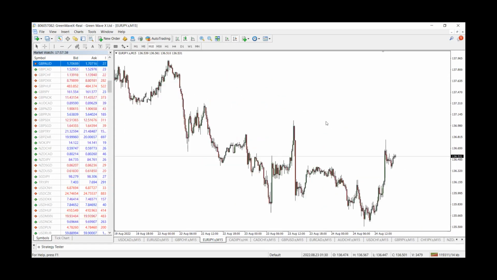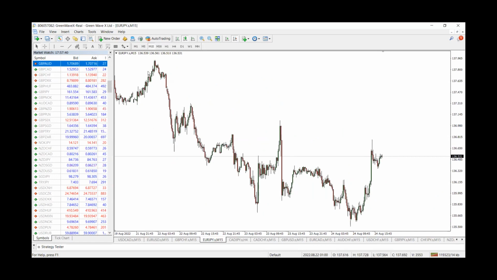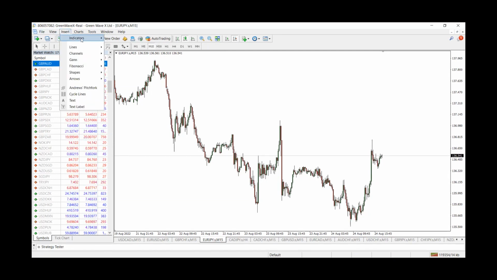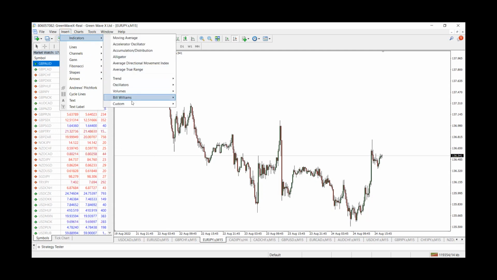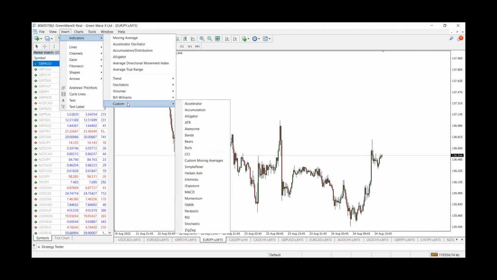Well, there's one other place you can find the indicators. Yeah, you go to insert, then indicators, and then you see them here. So here you're going to see that we have categories of indicators. You have trend indicators, you have oscillators, we have volume indicators, you have Bill Williams, and the ones that are being customized, or what we call custom indicators.